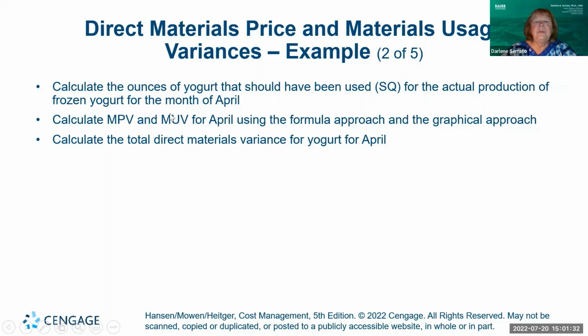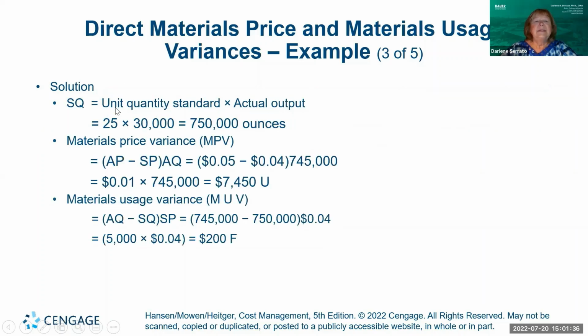M stands for materials. So standard quantity allowed, SQ, is the standard quantity per unit of 25 ounces. Actual production was 30,000 units. So our SQ is 750,000 ounces.